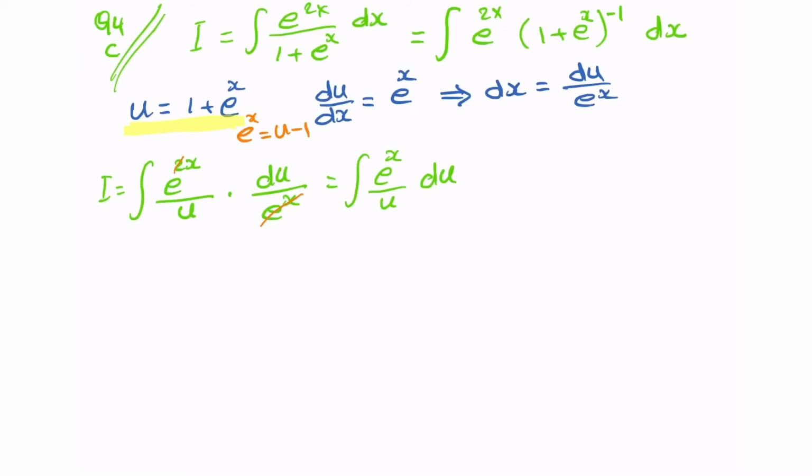So I can use it here in my question, just for you to remember. So this is going to be equal to the integration of u minus 1 divided by u du.